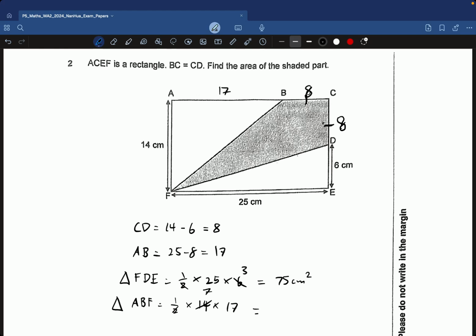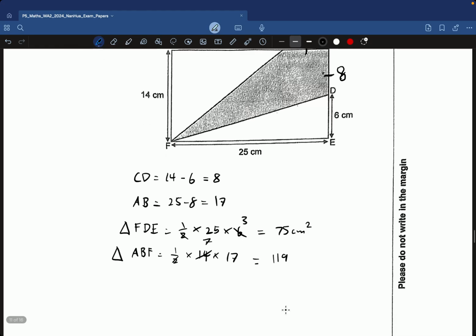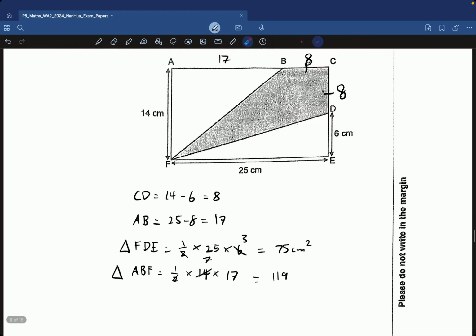So 7 times 17 gives us 119. The next part is we want to get the whole rectangle. The rectangle itself will be A, F, C, E, which is basically 14 times 25, which is equal to 350.